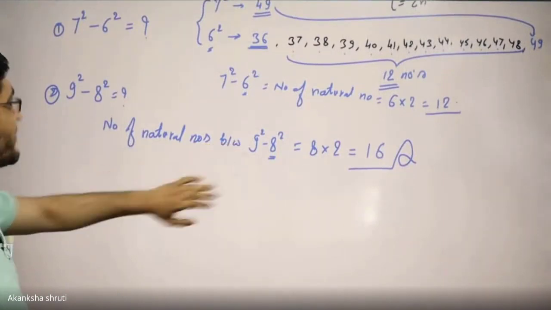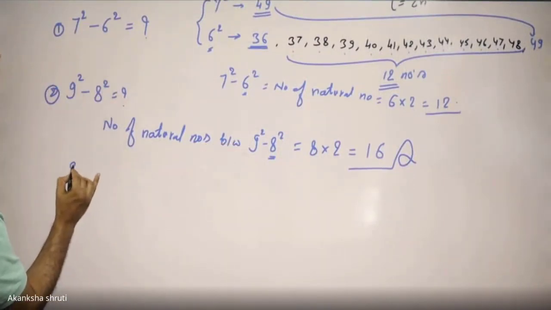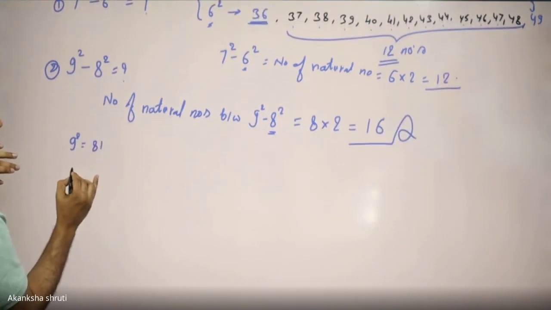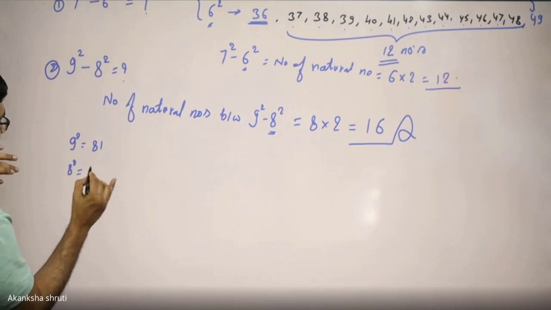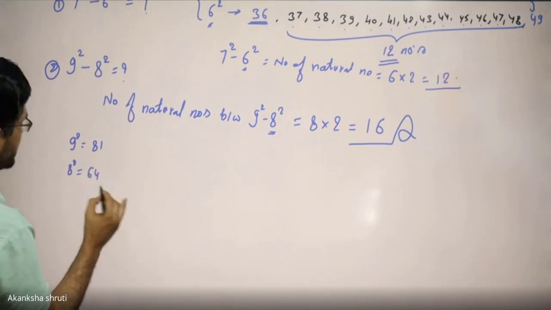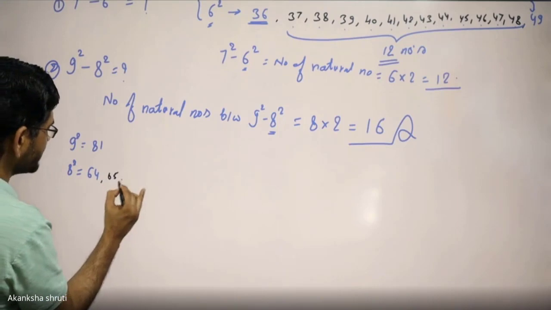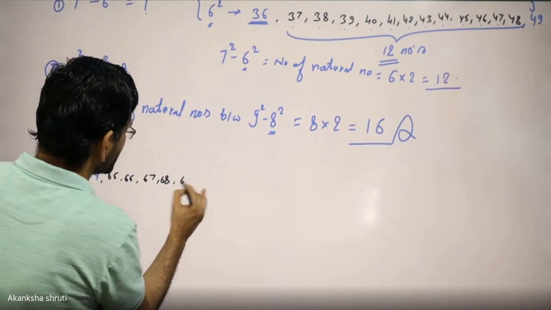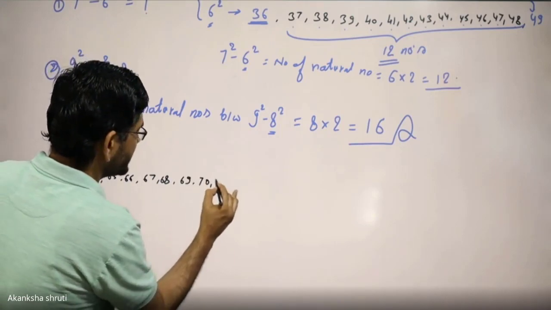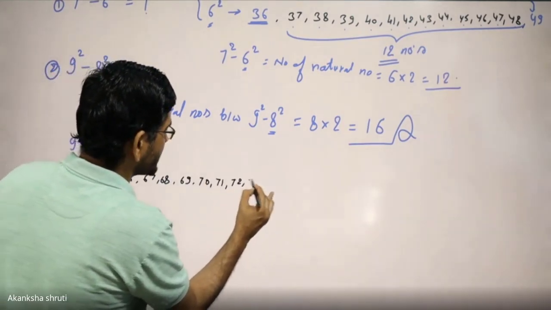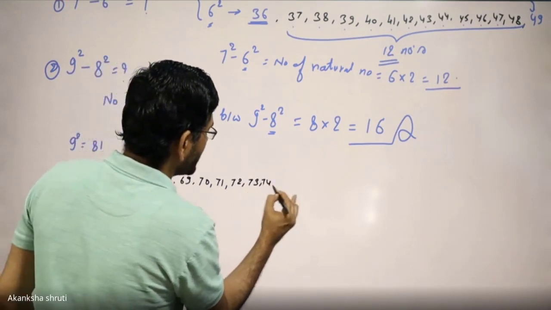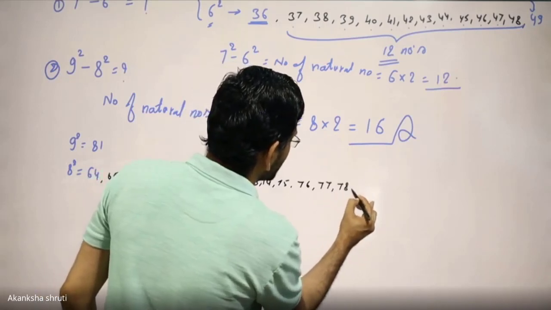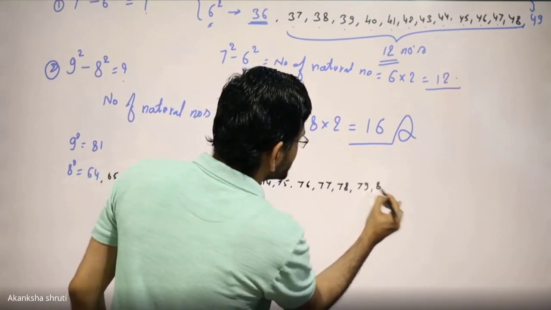Students, you can verify it. For verifying, if we write 9 square, it is our 81. If we take 8 square, it is our 64. Students, go for writing 65, 66, 67, 68, 69, 70, 71, 72, 73, 74, 75, 76, 77, 78, 79, 80.